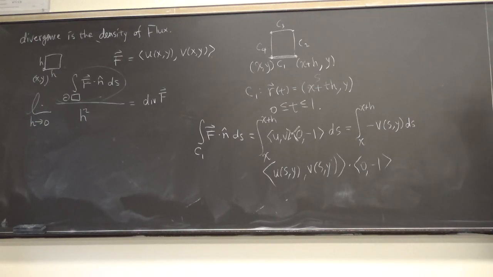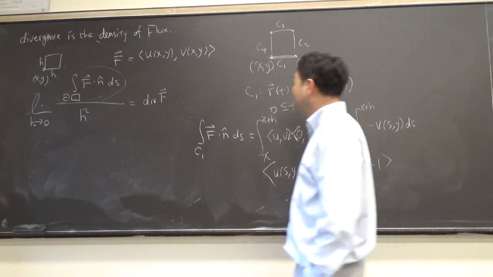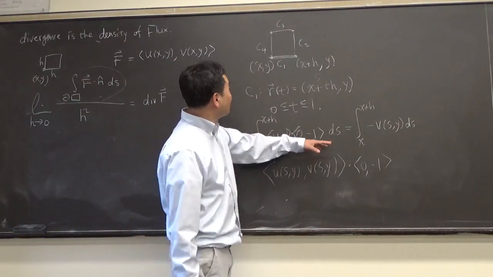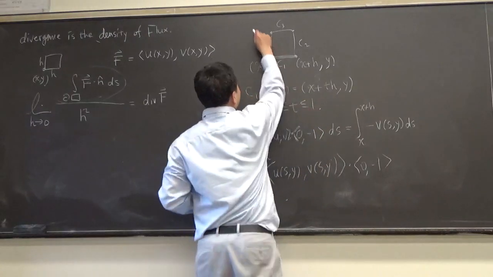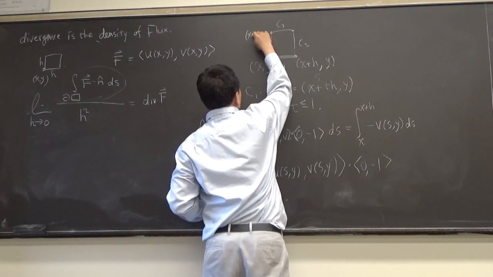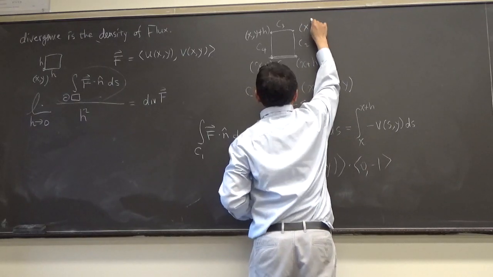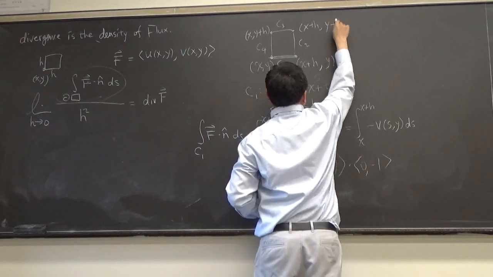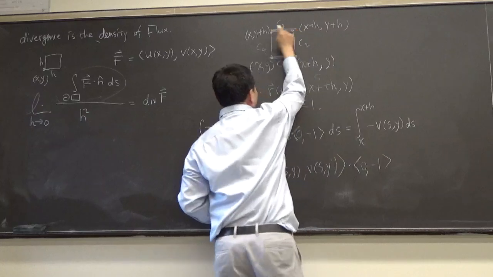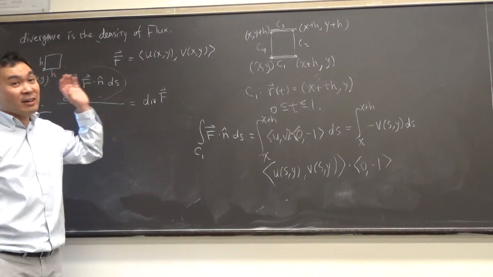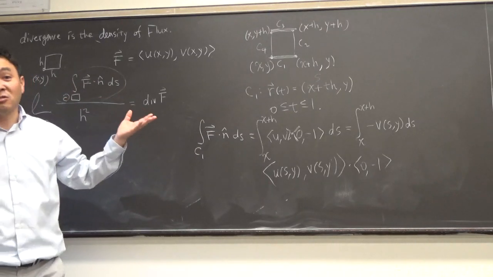Okay. And then now I have to skip things. If you do something similar up here, it's (x, y plus h) to (x plus h, y plus h). So over here, it's still the x coordinate that changes, the y coordinate doesn't change.